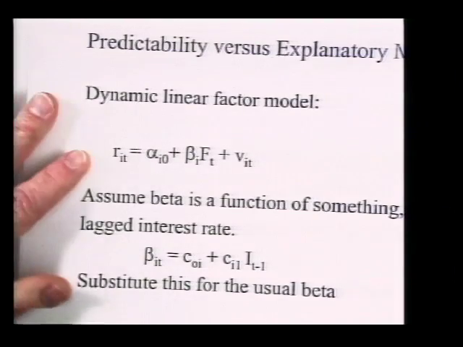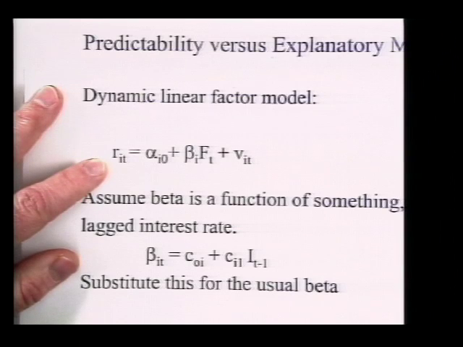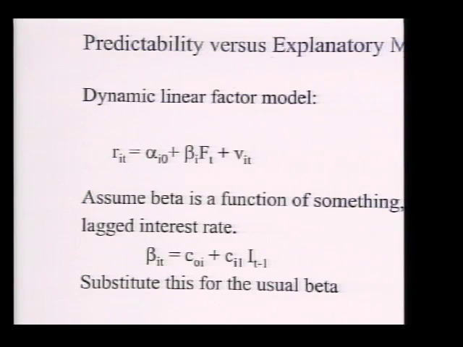The first equation just says that R_it is related to some factor, F. It's the usual beta regression. So give me some time series data, let's say over 30 years, and I can estimate this. It's best to think of the beta as the average sensitivity over those 30 years.